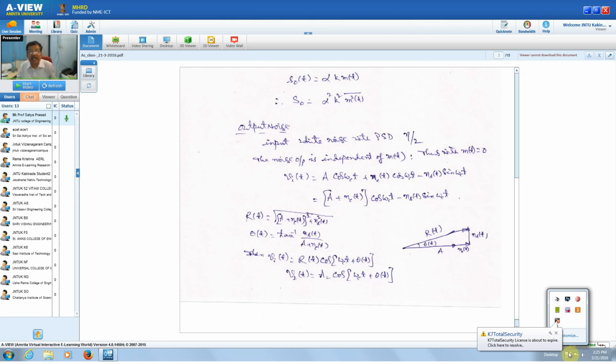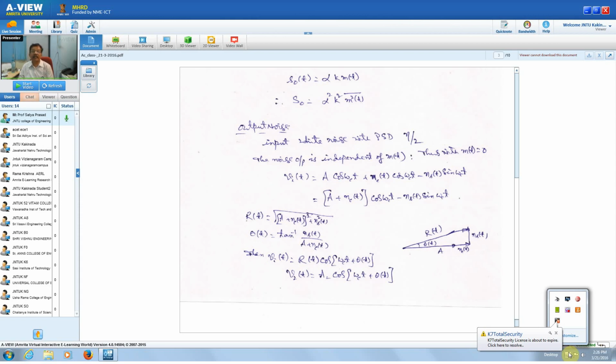Therefore, v(t) we can represent as the magnitude r(t) into cos(omega_c t plus theta(t)). This is the input signal, and the output after the amplitude limiter, because of the noise signal, is v_2(t) equal to A_L cos(omega_c t plus theta(t)).